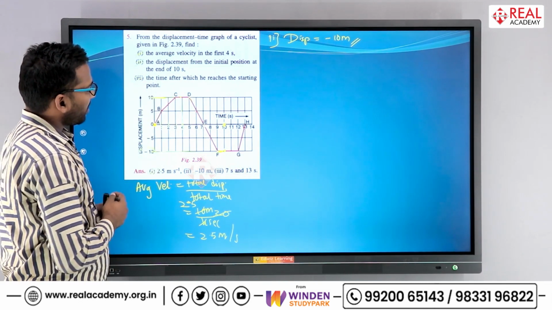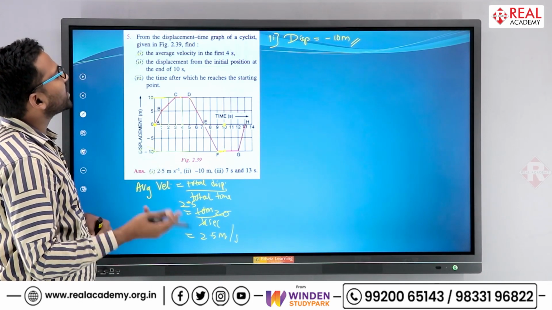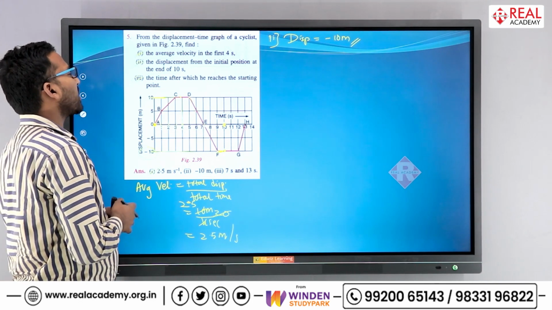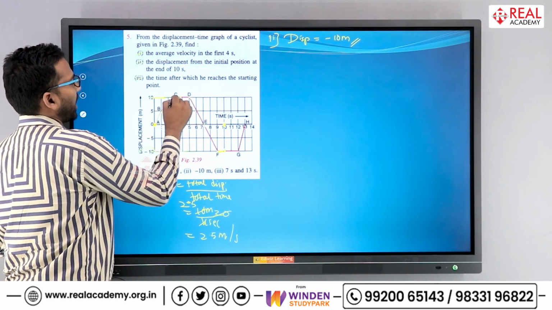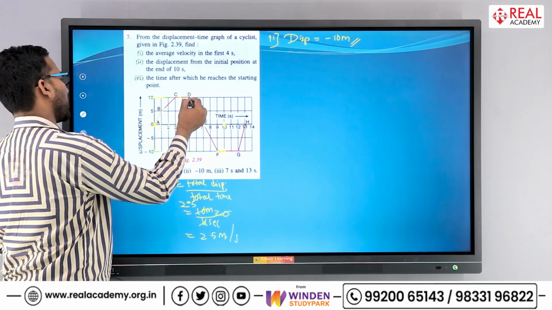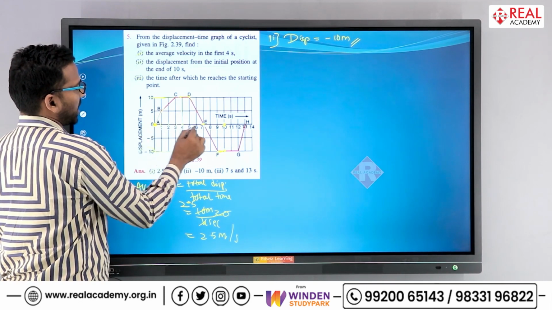Next question. Third question. The time after which he reaches the starting point. First he went here, then there was constant displacement, no displacement at all, then he returned to the starting point. So this is the starting point.